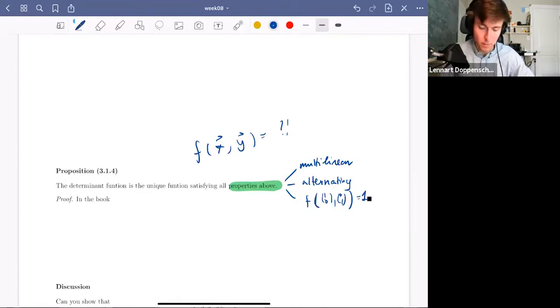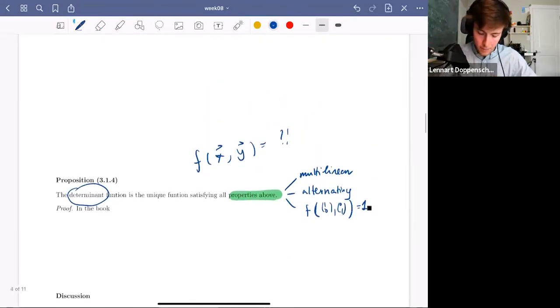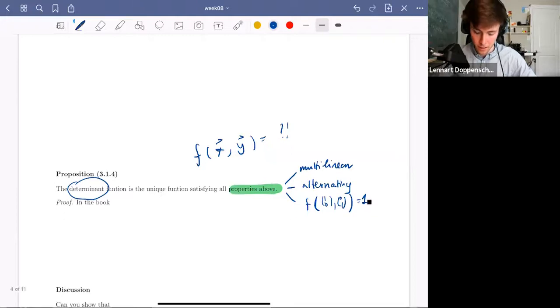Then the claim, the proposition here, is that there's only one such function. So it's like having a wish list for defining a function, and it turns out there's just one function that satisfies all these properties. So the determinant is naturally defined as this one function. It's a bit more abstract, but it's going to be very helpful for the future when we define the n by n matrix determinants.